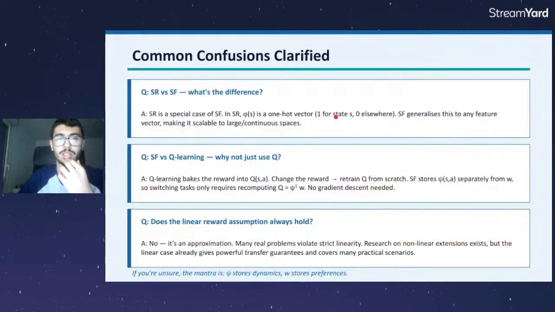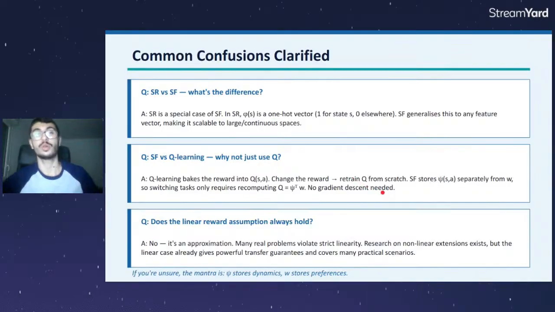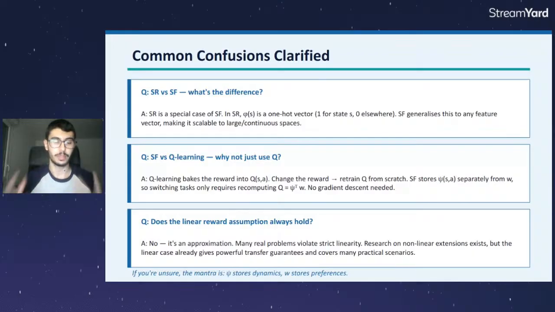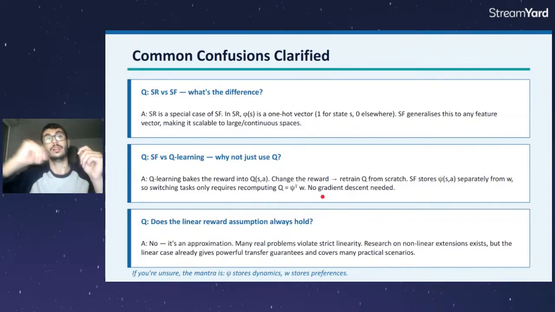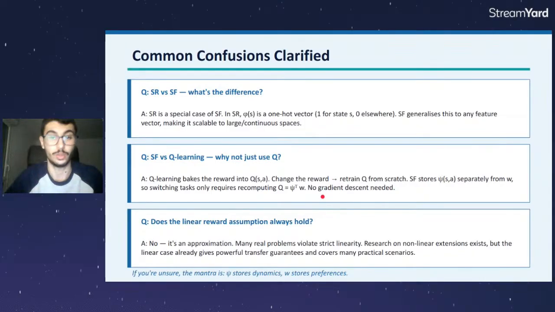Obviously this is an assumption that does not always hold, but when we try to train the state features, we want them to be as rich as possible, and so they must contain as much useful information as possible. And so we can tolerate this a little bit, and we can assume that the reward functions are always going to be linear with respect to the features that we learn.